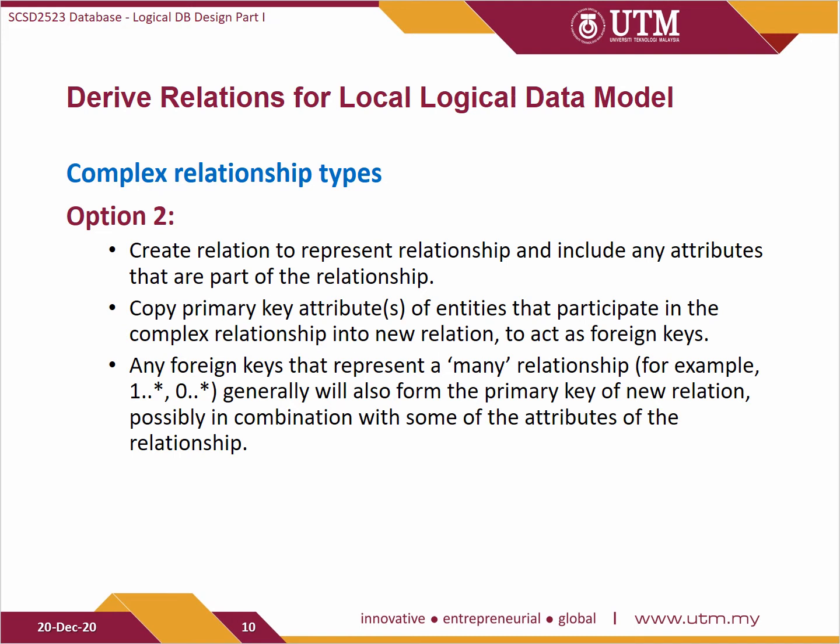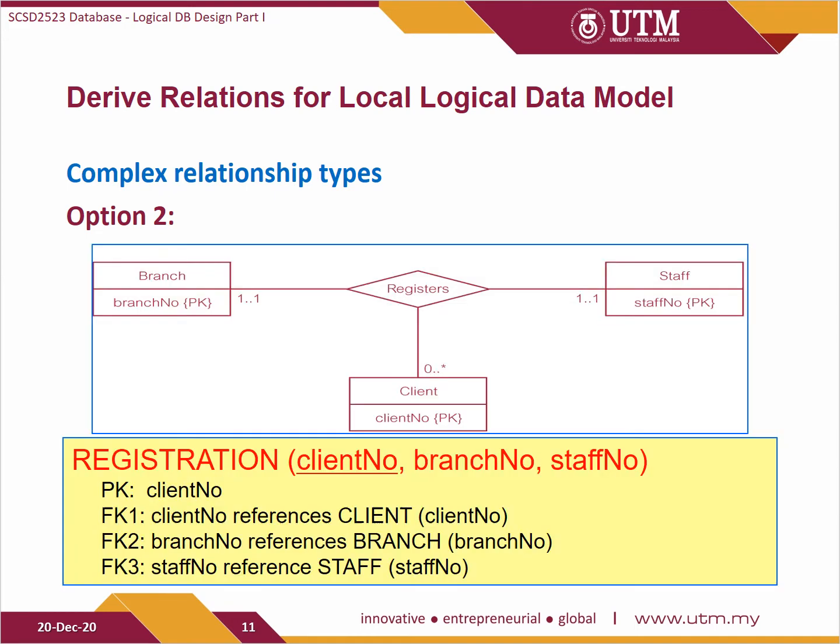And third, any foreign key that represents a many relationship will generally also form part of the primary key of the new relation, possibly in combination with some of the attributes of the relationship. So this is the example for the second option complex relationship type.